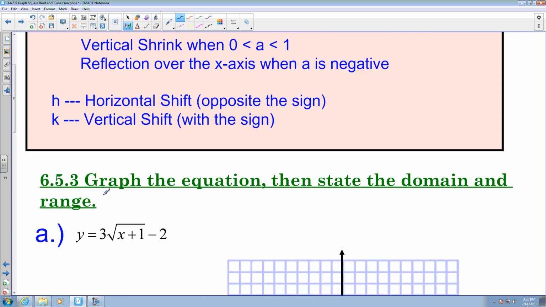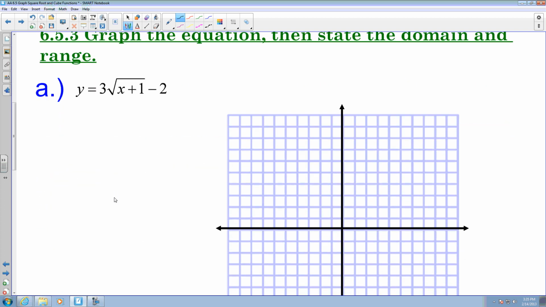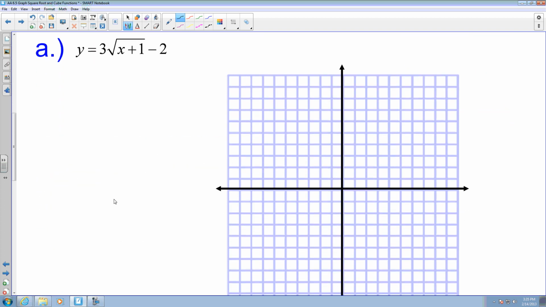Okay? So looking at this equation here, I want to find y equals 3 times the square root of x plus 1 minus 2. So I want to find where the starting point is in my graph. So if originally it was at 0, 0, but here it's going to have a shift of 1 unit to the left and 2 units down.